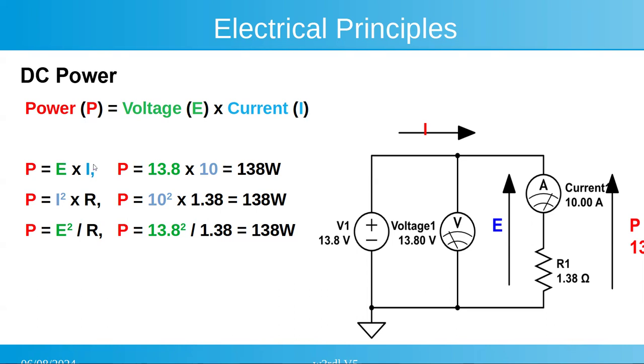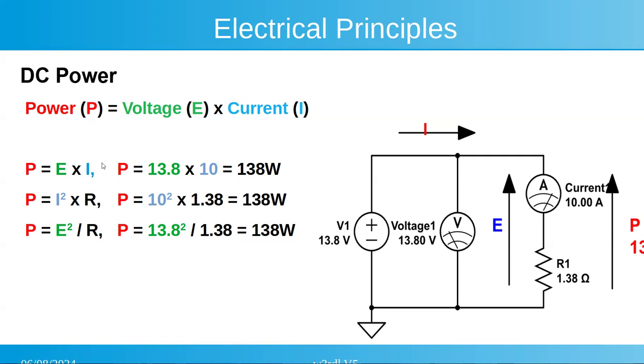The formula E times I, when we talk about alternating current, will be apparent power, because you can have a phase shift between the current and the voltage. So you get a thing called power factor. And the power company charges you on apparent power, not real power.